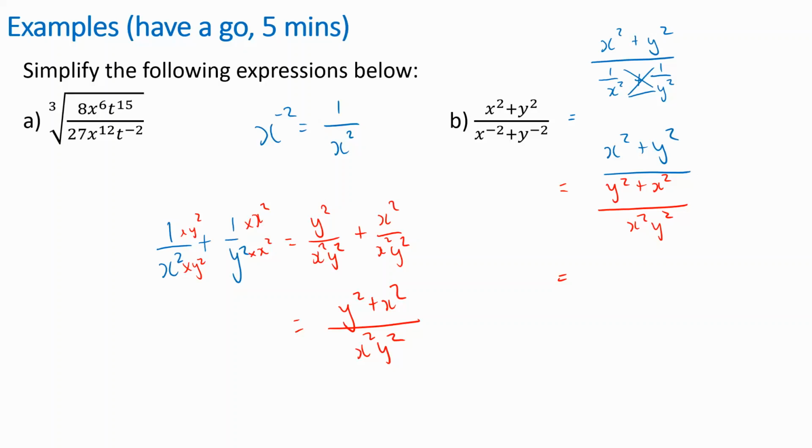Yeah? So right here, a lot of the times I try to describe to students, I say, that's your numerator. This means divide. So write it down. That, divide, that. That's your fraction. So if you write it out, it's very easy. Once you write it out, it looks like this. You've got x squared plus y squared, you're saying divide, you've got y squared plus x squared over x squared y squared. Now remember, when you're dividing fractions back in primary school, what do you have to do again? You do the reciprocal.